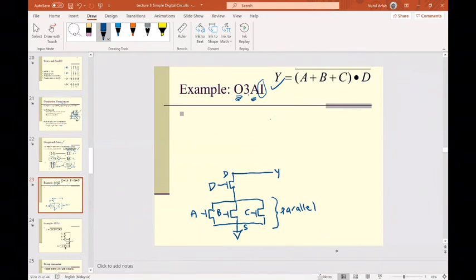Okay, so the negate side: this is the NMOS here in parallel, so you should have that one in series. So the PMOS should be in series. Okay, you have those 3.